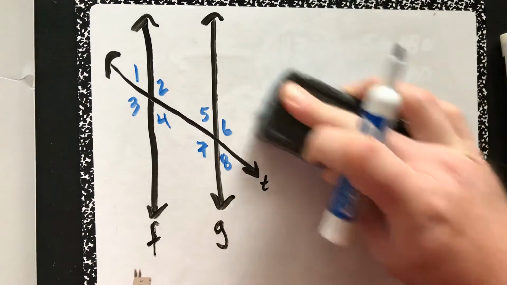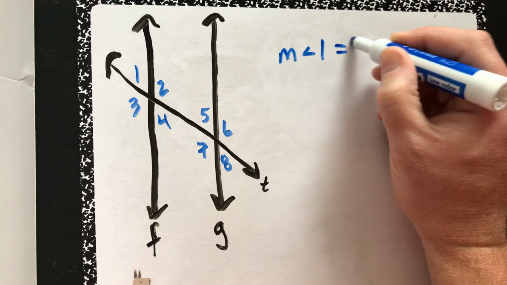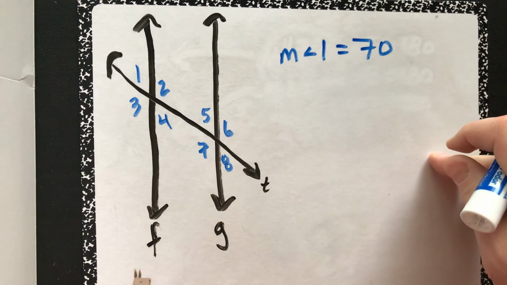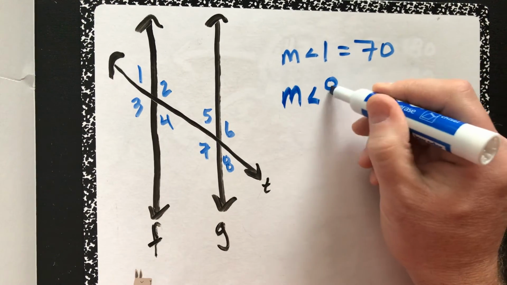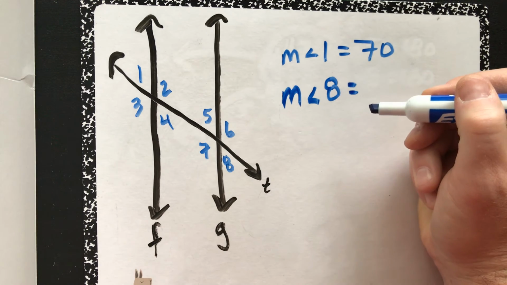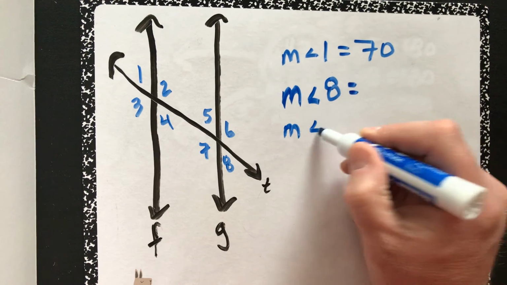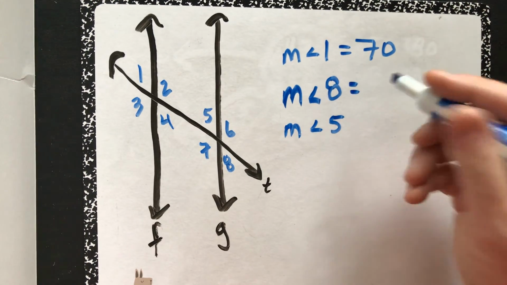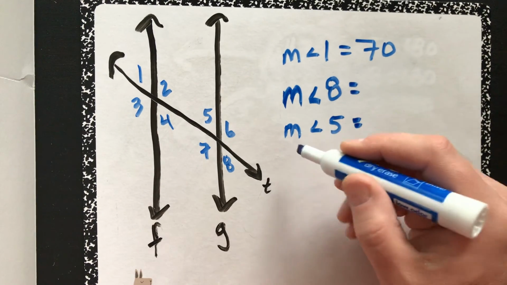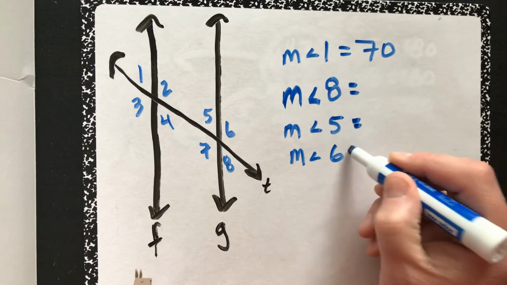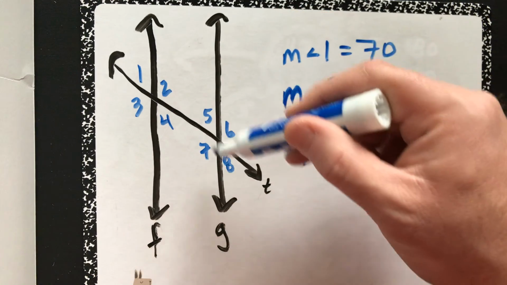All right, what happens if they say the measure of angle 1 is equal to 70 degrees? And they want, what is the measure of angle 8? And maybe they say, what's the measure of angle 5? Well, let's look at angle 8. And actually, let's do the measure of angle 6. So the measure of angle 8, those are alternate exterior angles.